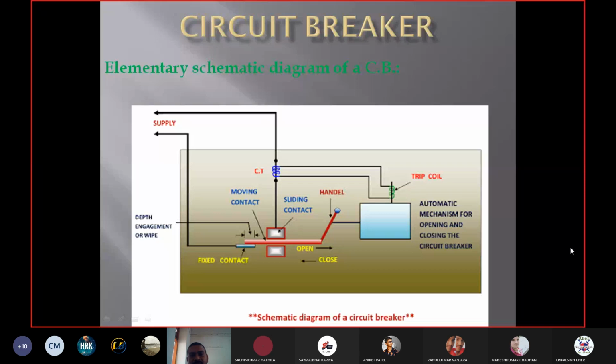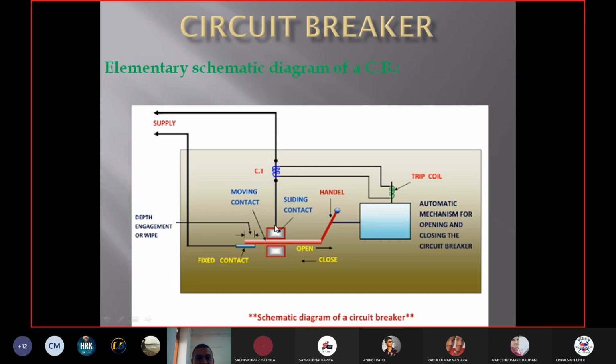Now we'll discuss the elementary schematic diagram of a circuit breaker. In this schematic diagram we have a supply line; these two lines are the supply line.